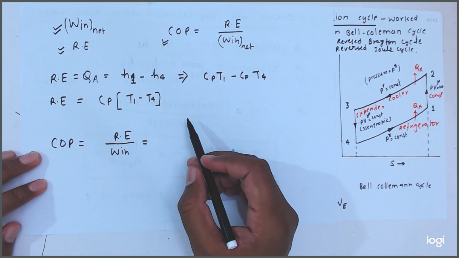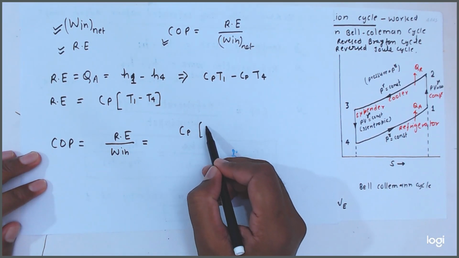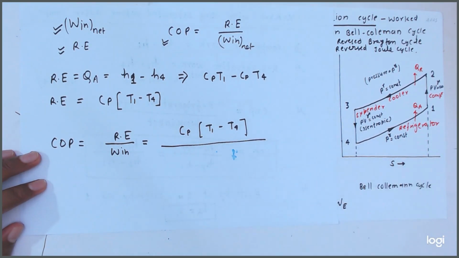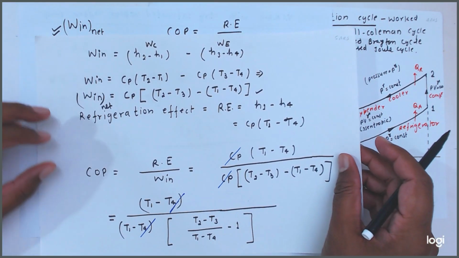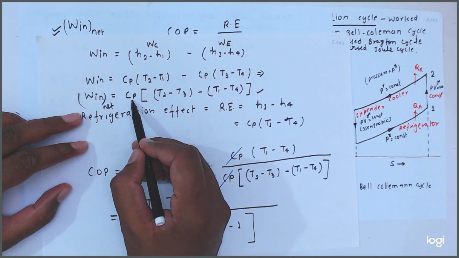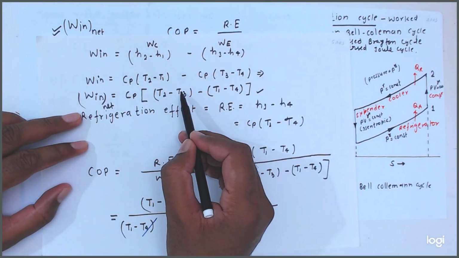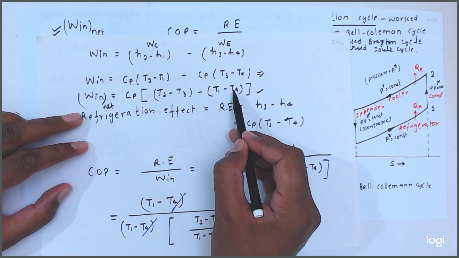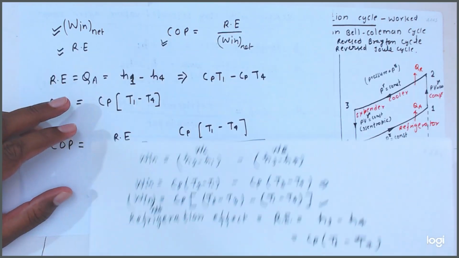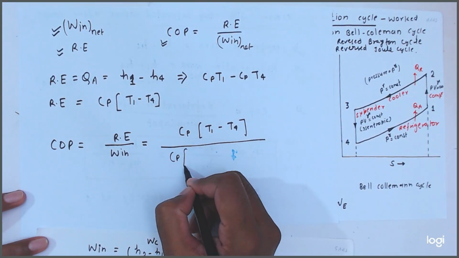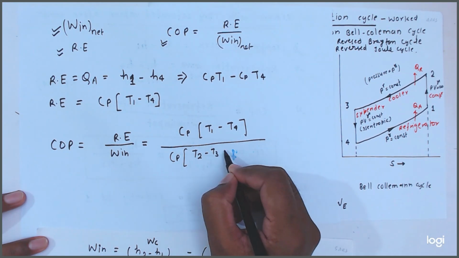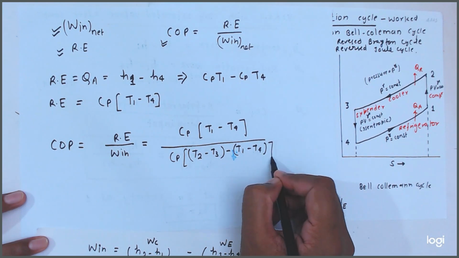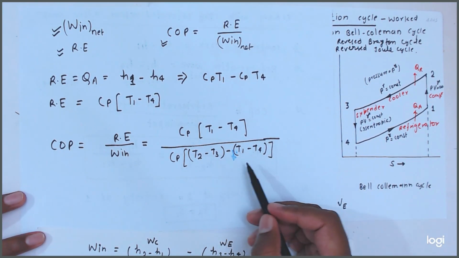The refrigeration effect is Cp (T1 - T4), and the work input is Cp (T2 - T3) - (T1 - T4). So this is the work input.